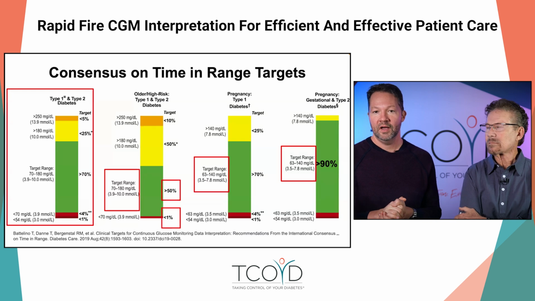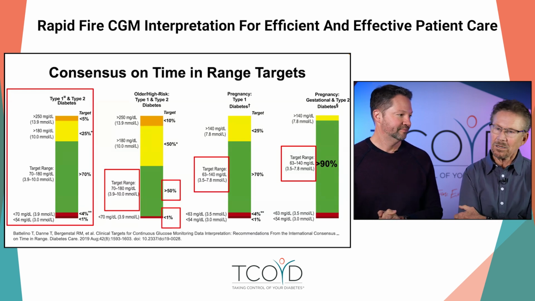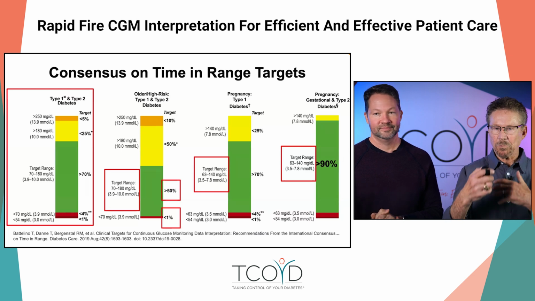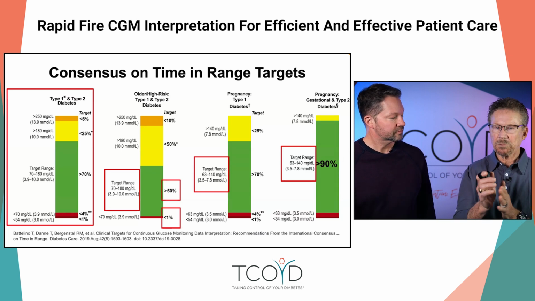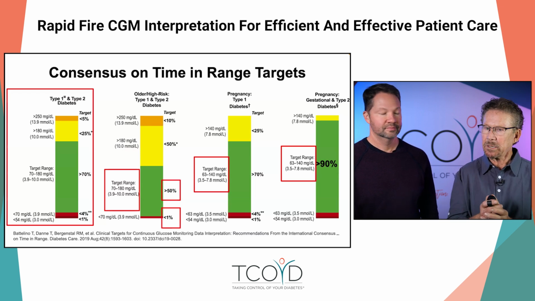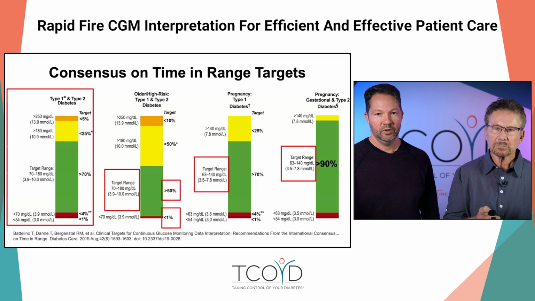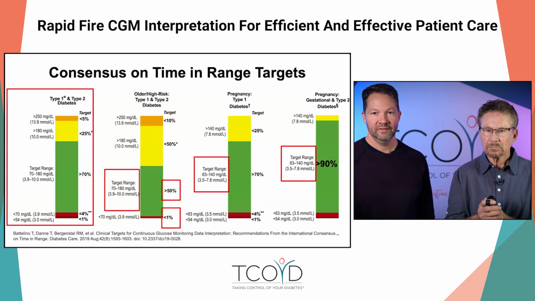It might come with time if we can do it safely, but that's to be determined. Maybe with better hybrid closed loop systems and smarter algorithms and maybe different insulin preparations. But right now, it sets people up for failure. I think so. It can really stress me out. If someone said I had to be 70 to 140 all the time.